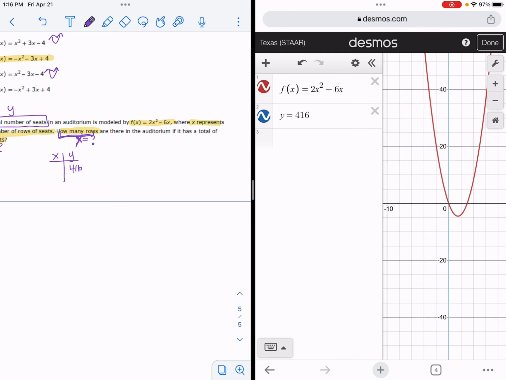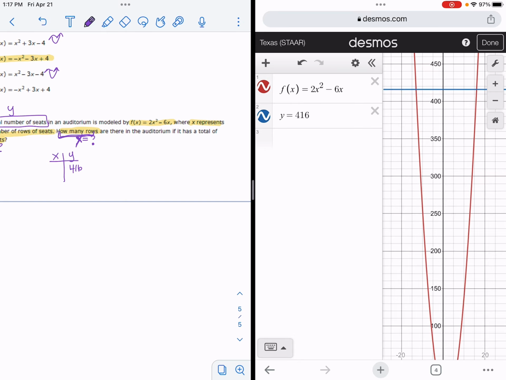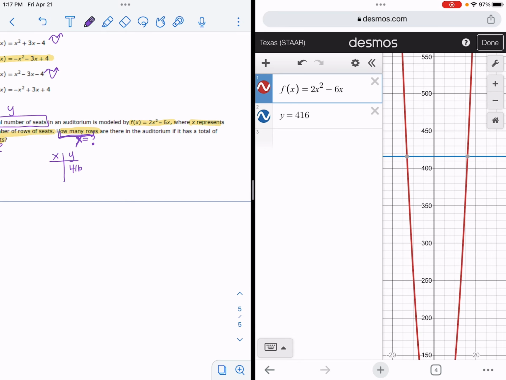I have to zoom out because 416 is way up here. The negative number is not going to make sense. We're not going to have negative rows of seats, but 16 would make sense. So x equals 16. 16 is what you would type in as your answer.